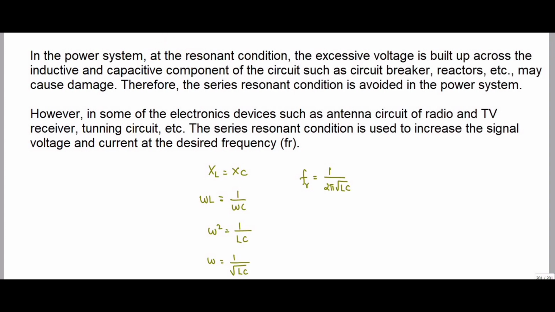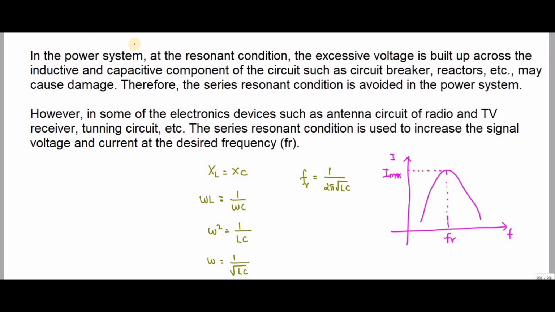So at this condition, you can see if I plot the graph between F and I, the current is maximum, right? The current is maximum at F is equal to FR. So this is my maximum current, I max.